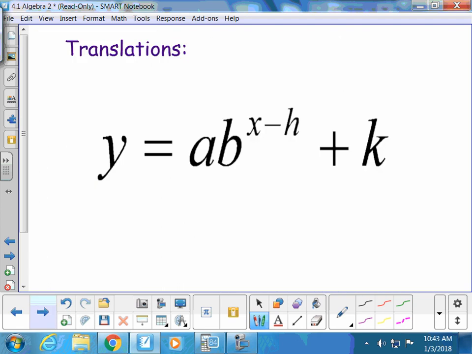All right, here's the first formula of the day. I already put it on the formula board. A is still your starting amount. B is still your growth factor. Nothing's changed here. But what do you think the H and K will end up doing to our graph? Slides. There's no vertex on an exponential growth, but they're slides. So the H will slide right or left.